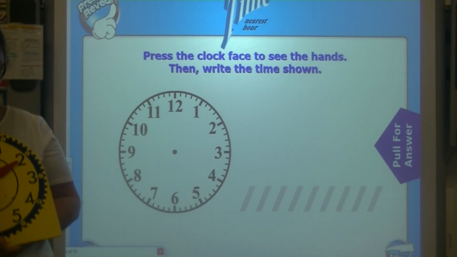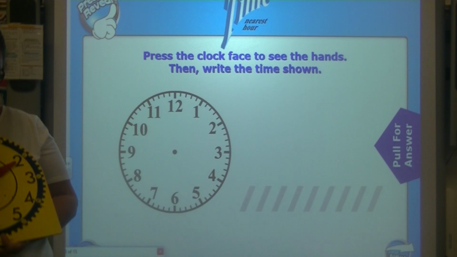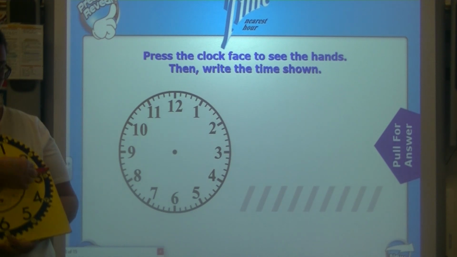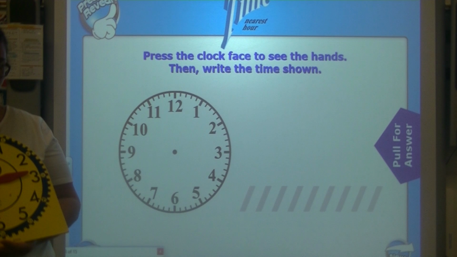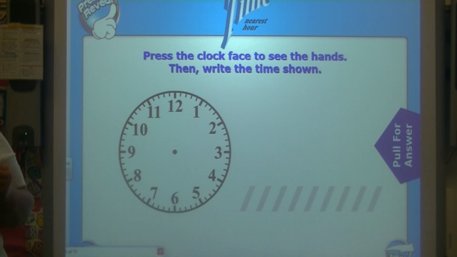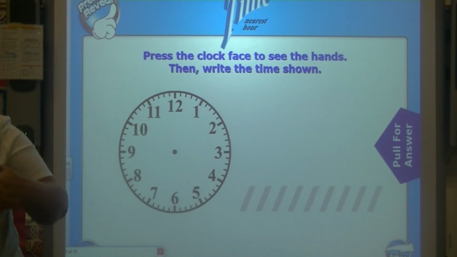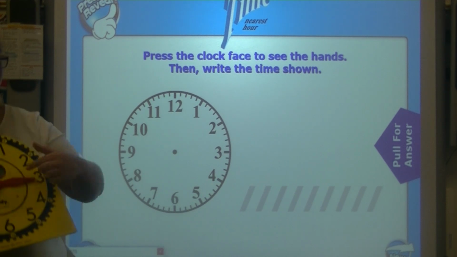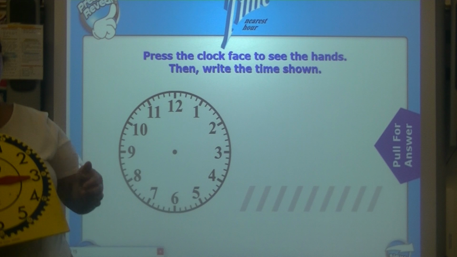Let's see. Here I go. Going around. Now what happened? All right. Went all the way around again. We moved from 2 to 3. So now my hour hand is on the 3. Now it is 3 o'clock.